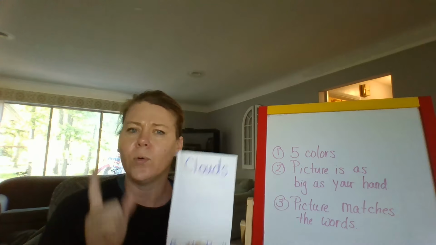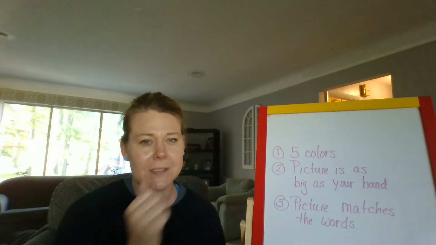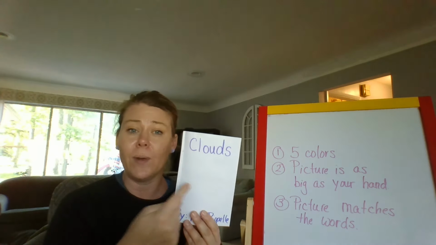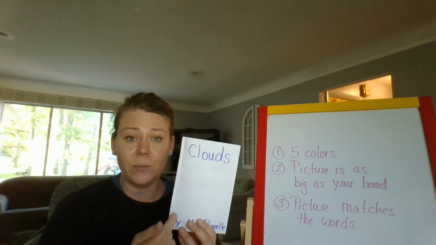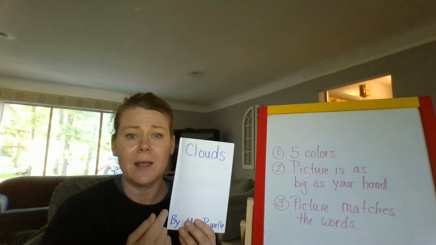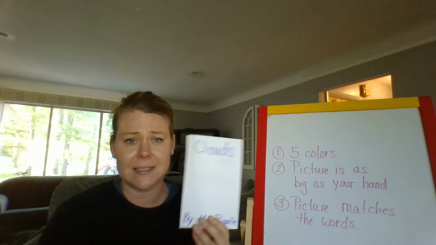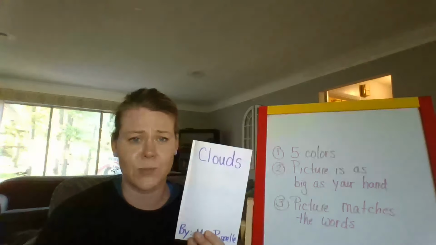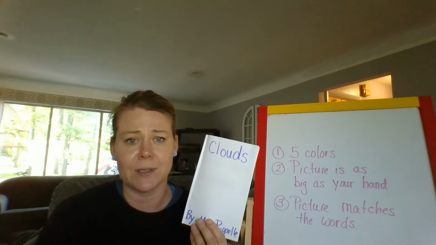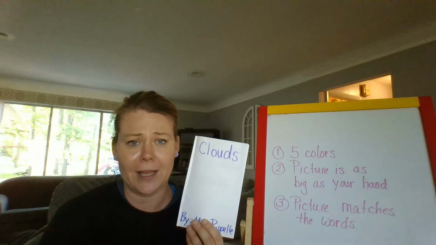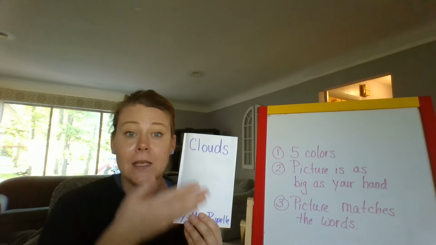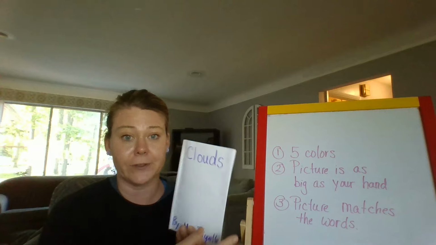Oh, and the one thing that we never made a rule, but Mrs. Ripa always reminds you of this: if you have a person or an animal in your illustration, please make sure that you give it a ground to stand on. We don't want anyone floating in outer space. We have to have that line for somebody or an animal to stand on in our picture, okay?